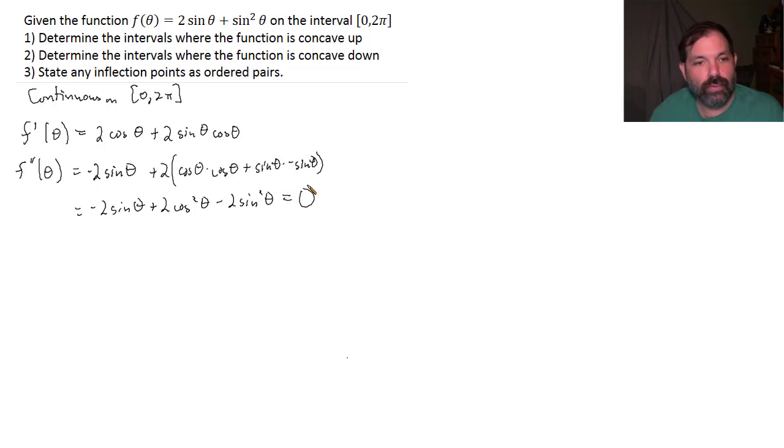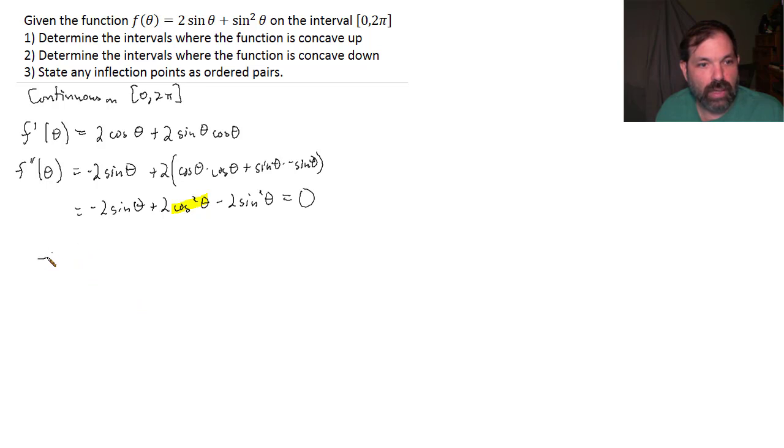Now, how do I solve this equation? It's got sines and cosines, and it's got sine squares and cosine squares. One technique would be to get everything in terms of one function. So I will use a Pythagorean identity to replace the cosine square theta with its equivalent in terms of the sine function.